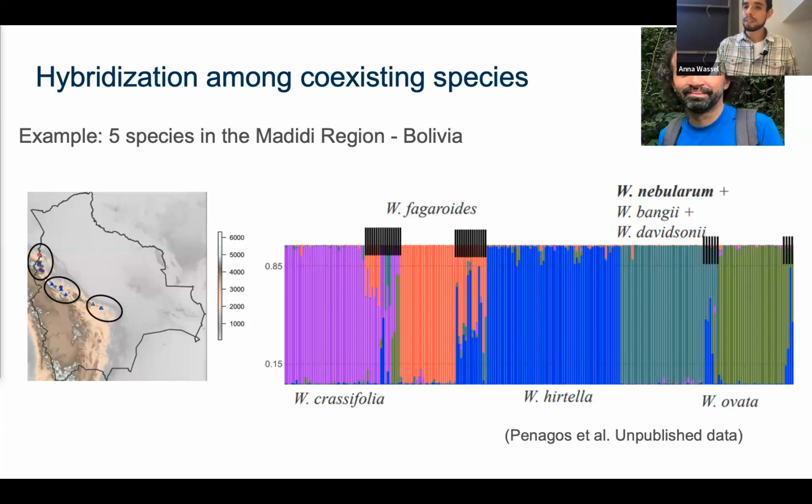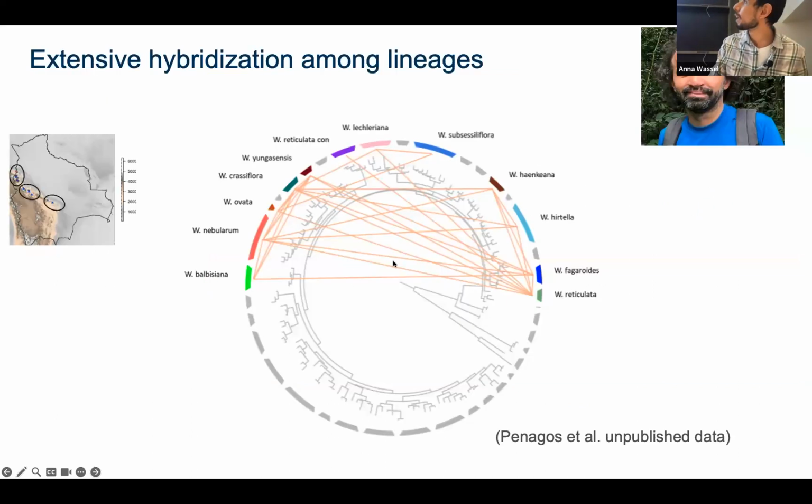Each bar here represents a specimen, and colors represent genetic groups. If an individual has no more than 85% probability to be assigned to a genetic group, we consider that to be a hybrid. And here we can see a significant amount of hybrids depicted with these black bars.